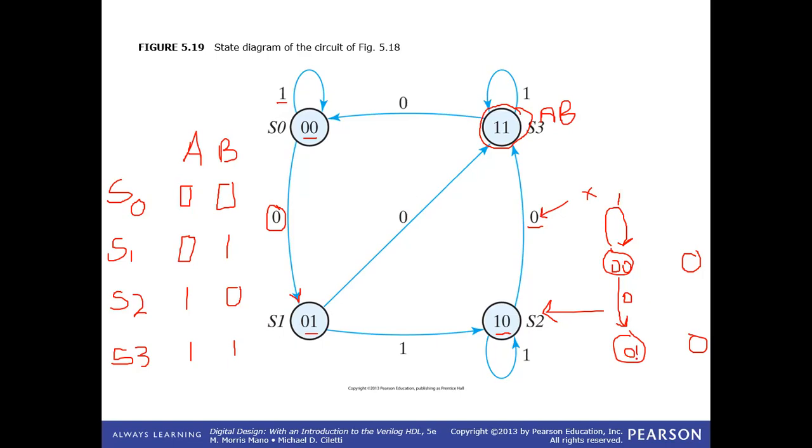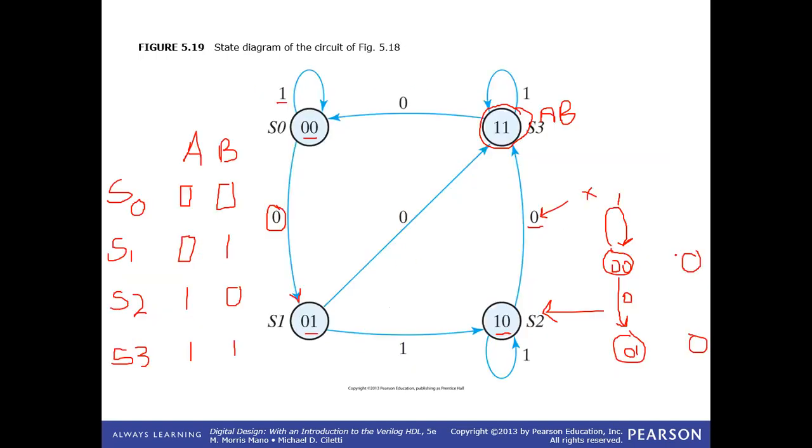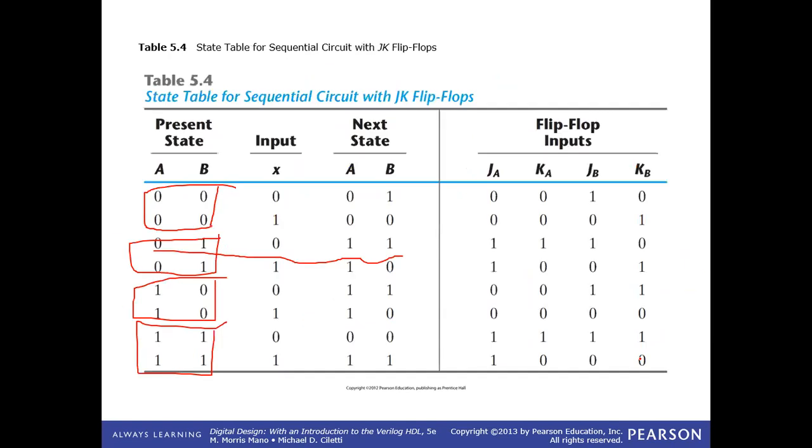Now you check for the 0 1 state. What happens to the 0 1 state when you apply input 0? At the 0 1 state, when you apply input 0, you get 1 1. So if here I write 1 1, and I apply 0 input to this, I get 1 1. What happens to the 0 1 state if I apply 1?